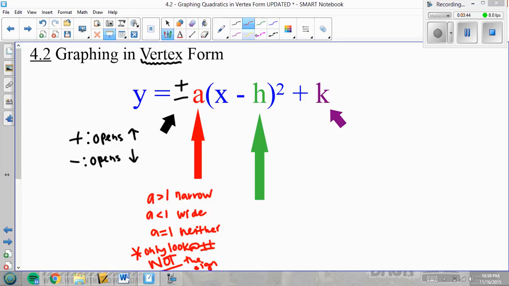Okay, then you're pointing at the H. So H tells us our horizontal shift. Okay, so your horizontal shift. Okay, when you do this, you're thinking opposite. That negative means opposite. Remember negative B? We always said opposite of B. So horizontal shift, you're thinking opposite.